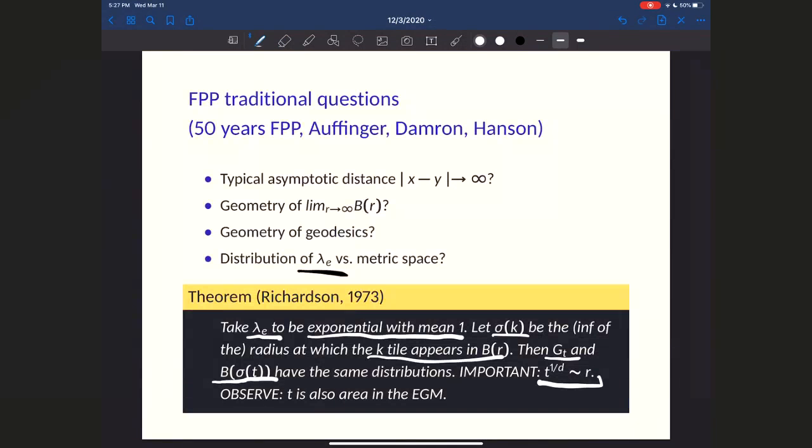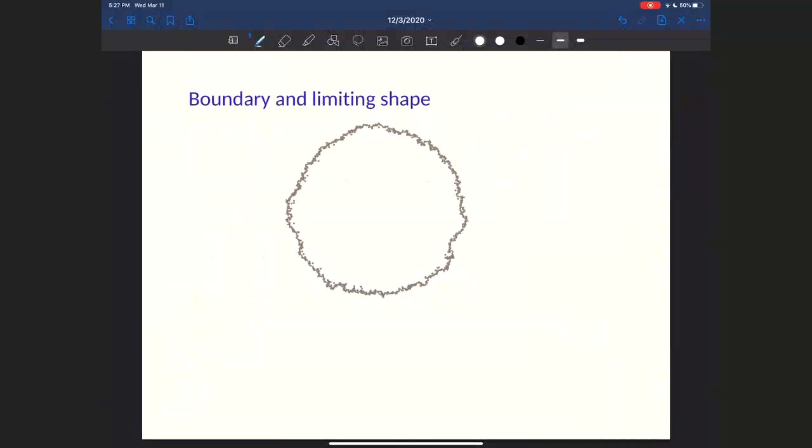Okay, so that was it with respect to the area of first passage percolation. But one of the most important problems in first passage percolation is the boundary and the limiting shape, and it's an open problem.